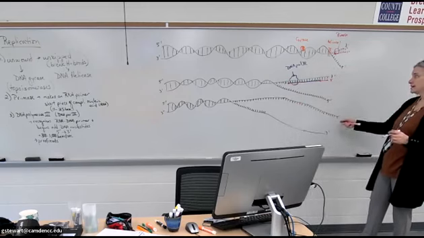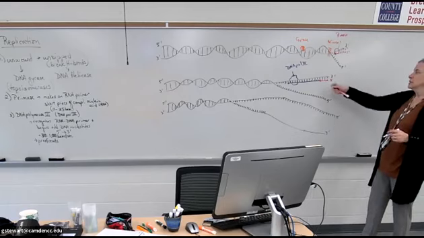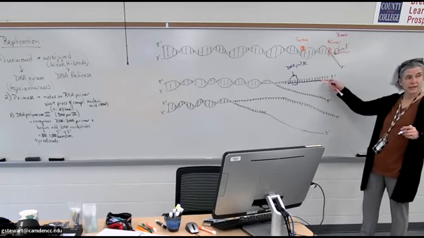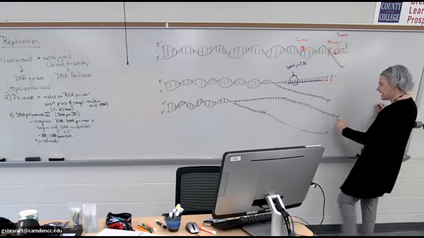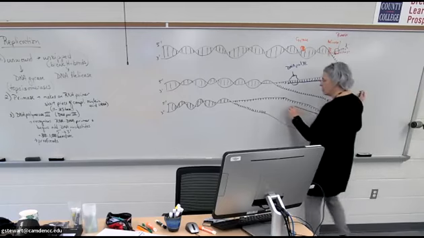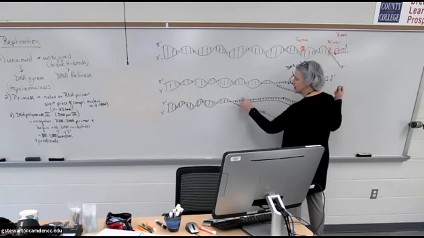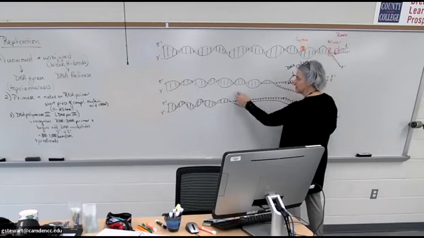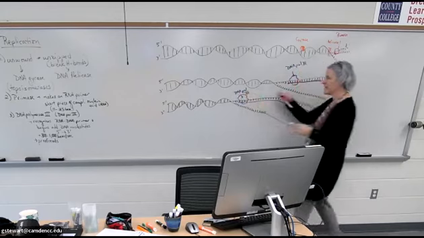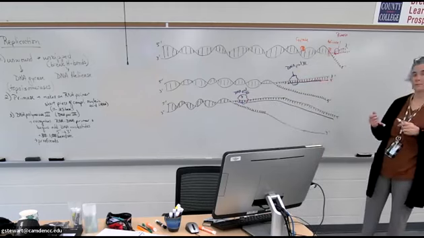And in my last picture, polymerase 1 is what's going to get rid of this primer and fill it in with DNA. And so in my last picture, it would look like this. It would all be DNA, right? And I would put DNA polymerase 3 now here, because it's sliding along the chain that's opened up.